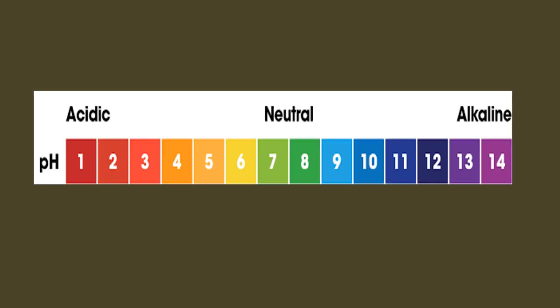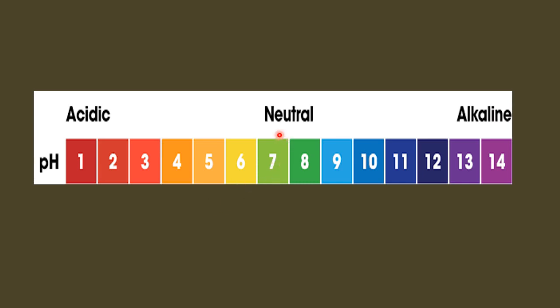Now, the pH range from 1 to 6 is acidic in nature. It can be hydrochloric acid, sulfuric acid, or all those fruits which we take in our daily life and sour in taste, like tomatoes, oranges, lemon, and no doubt you will be happy to know that tomato ketchup is also acidic in nature.